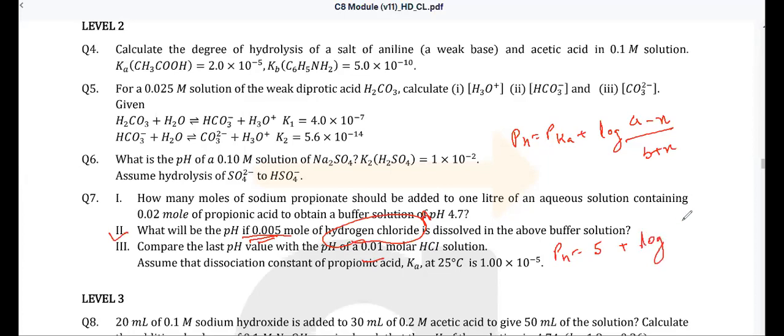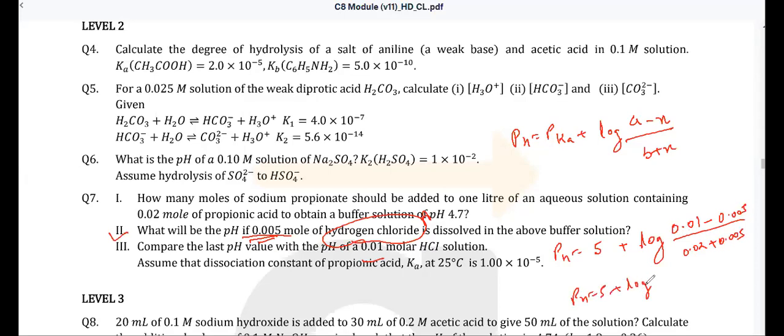We have calculated it: A was 0.01. So 0.01 minus 0.005 divided by 0.02 plus 0.005. So pH is equal to 5 plus log.